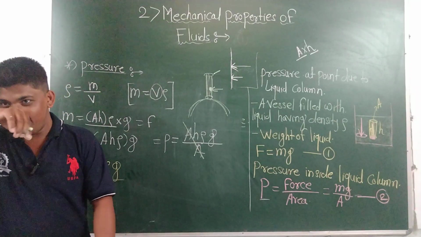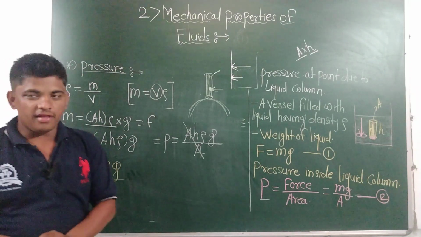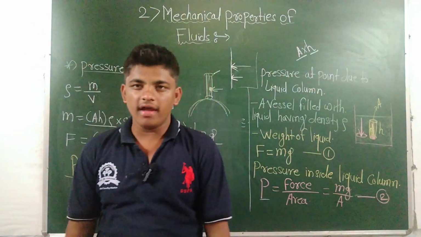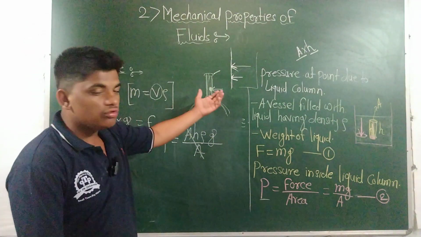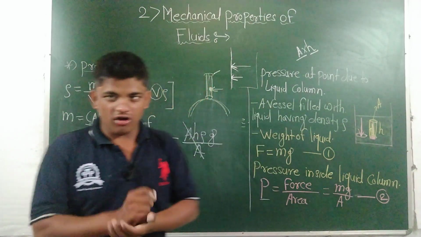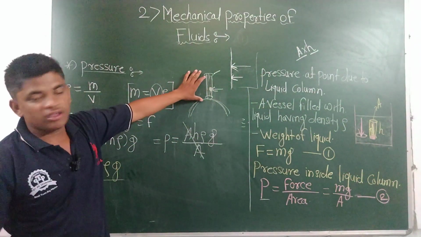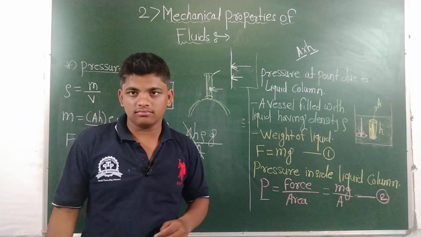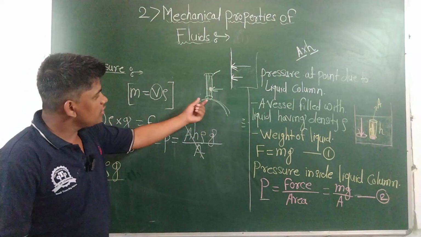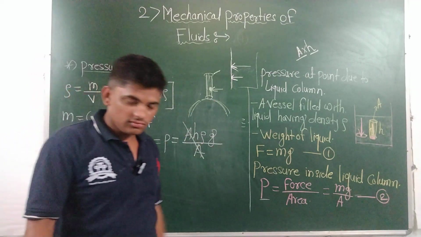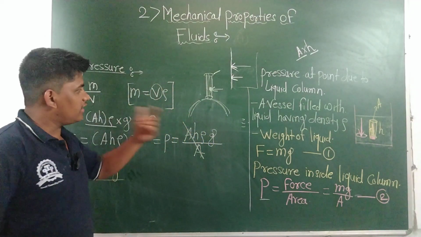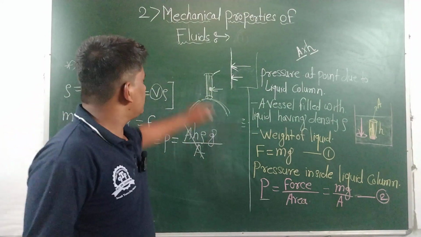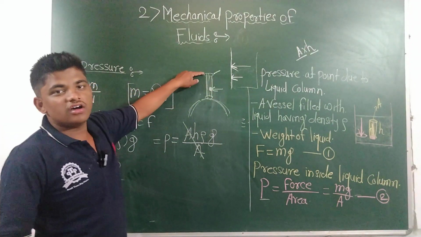The atmospheric pressure is equal to the weight of the vertical column of air of unit cross-sectional area from that point to the top of the earth's atmosphere.